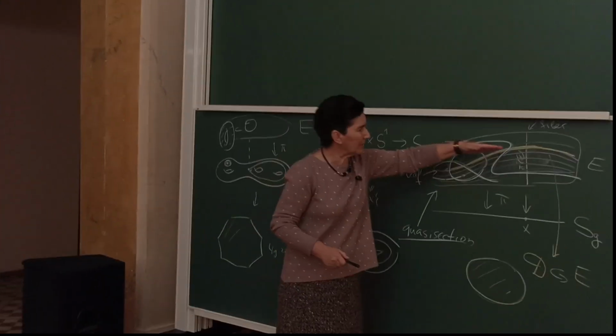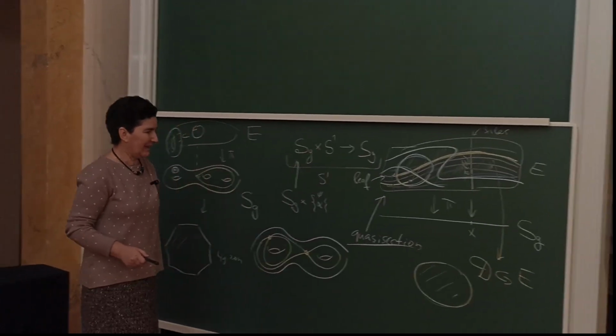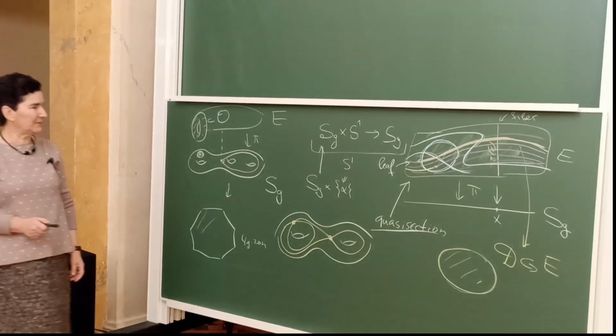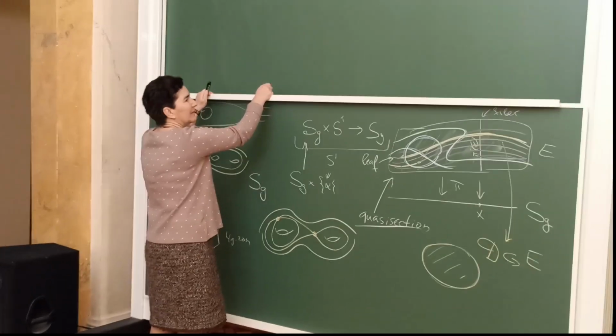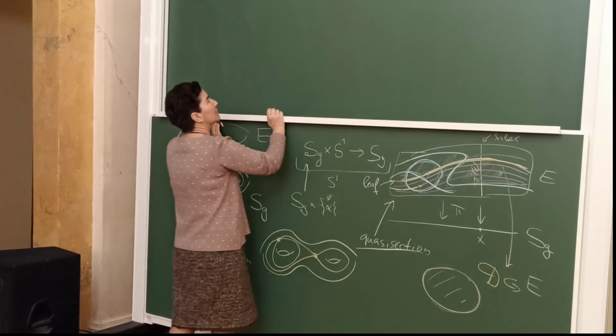Now the interesting part of the story is that, given a leaf, we can take different disks, different parts of the leaf of the foliation, and they behave somehow differently.